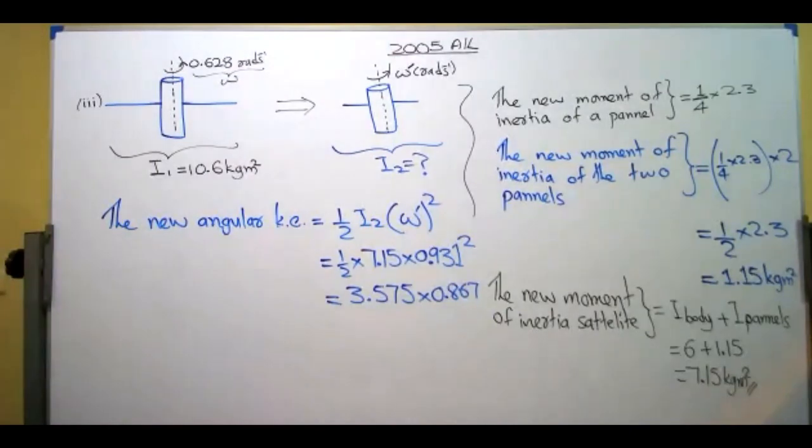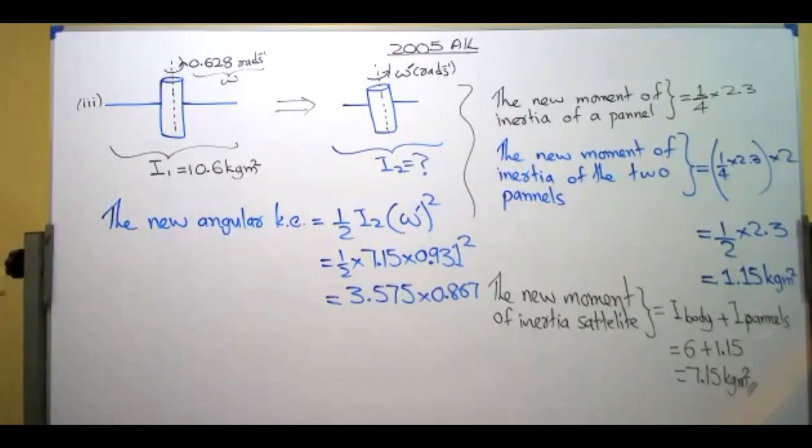Right? Then if you multiply 0.867 into 3.575, you get the answer as 3.099.